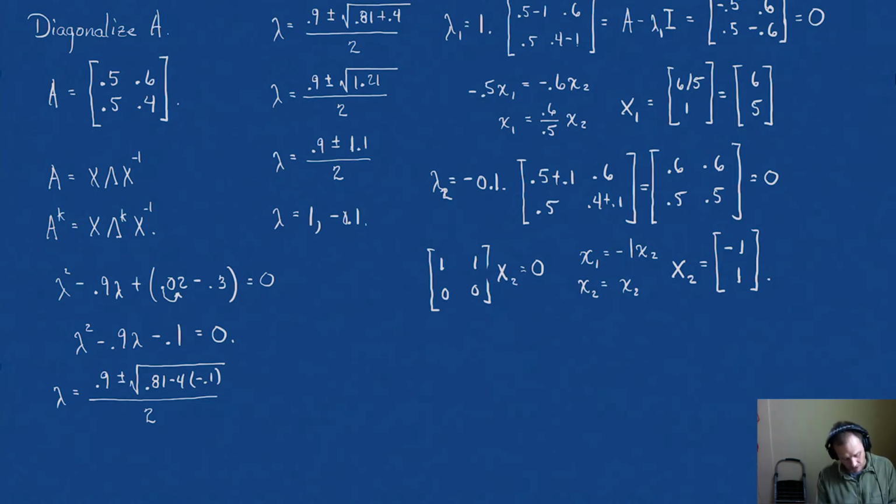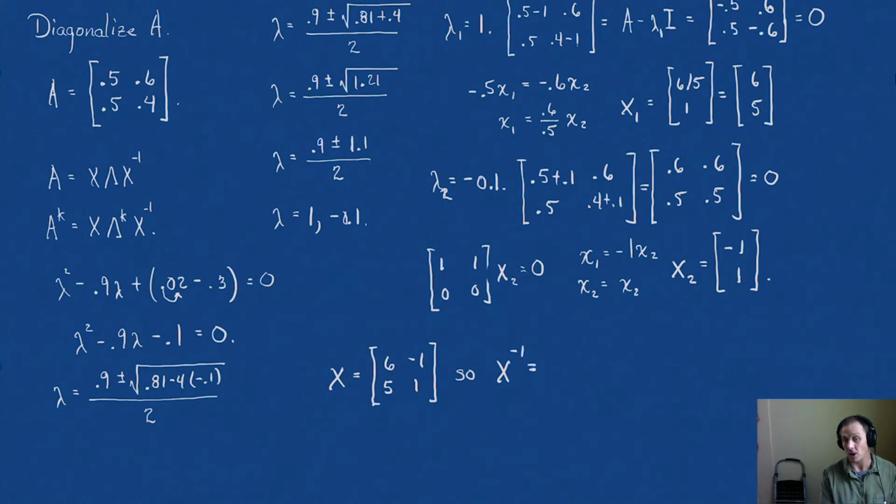Here we go. Our matrix of eigenvectors X is 6, 5, minus 1, 1. And we can very simply find X inverse. You can always solve the augmented matrix, or you might remember the pattern: you switch the top left and the bottom right position, so 1, 6, and then you change the sign on the anti-diagonal.